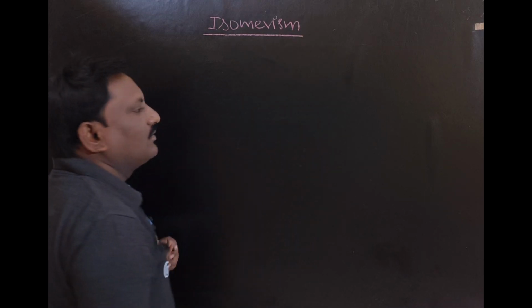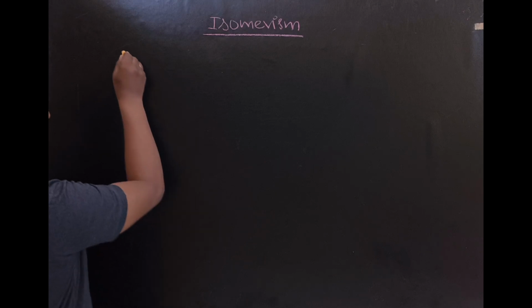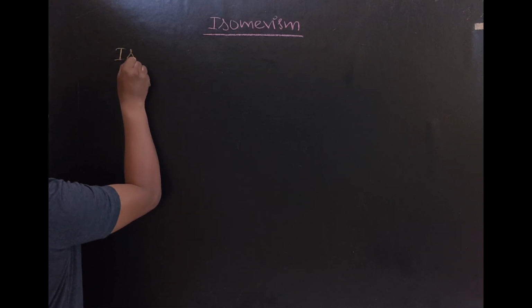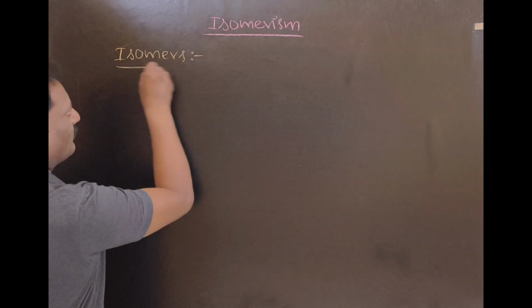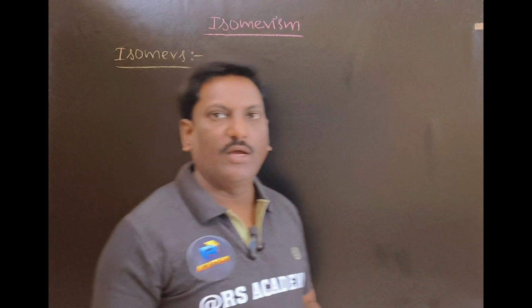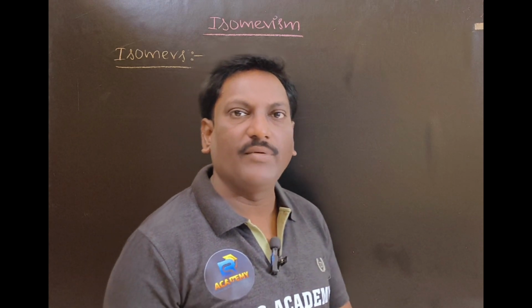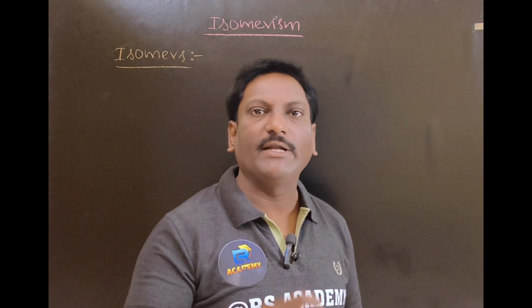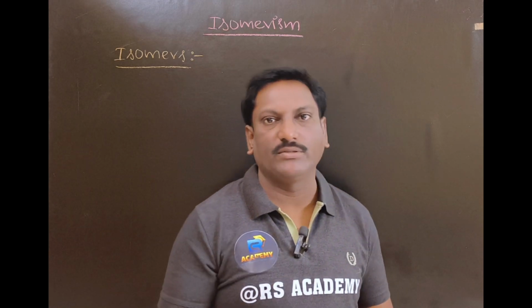Isomerism. Before going on to talk about isomerism, let me say a few words about isomers. What is meant by isomers? Make a note. Isomers. Those organic compounds having same chemical formula and different structural formula are considered as isomers.